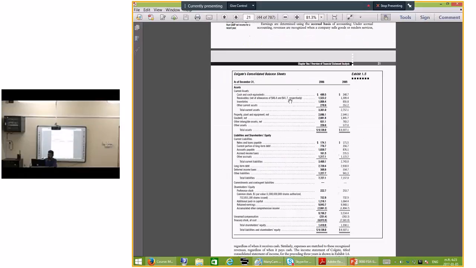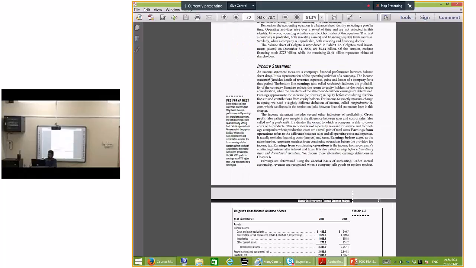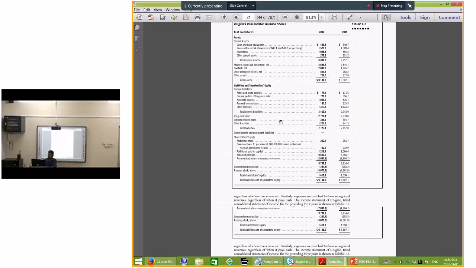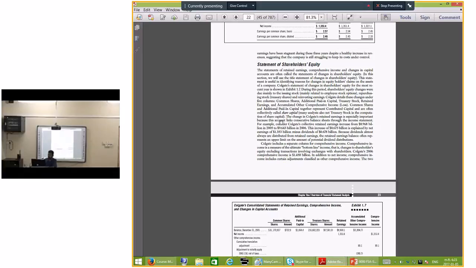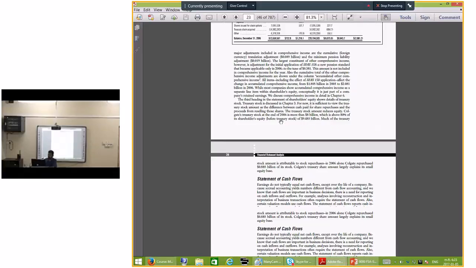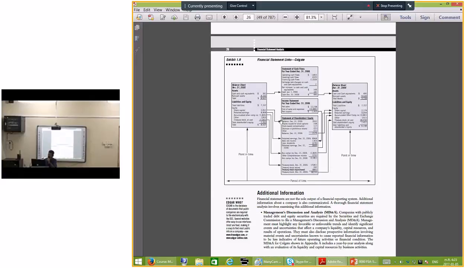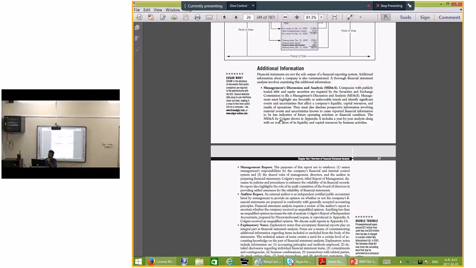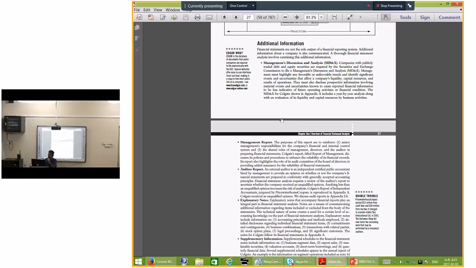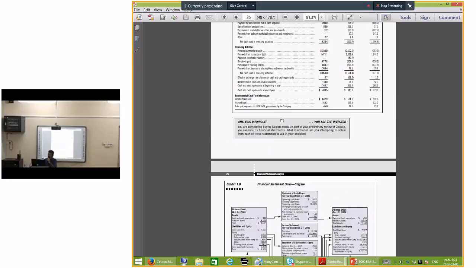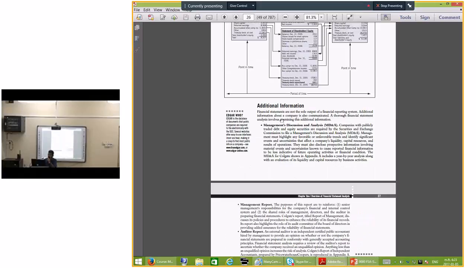Then you are given the income statement and balance sheet, equity changes statement, and the common size financial statement, comparative financial statements, information here. You can clearly understand the information given by the financial statements and annual reports.